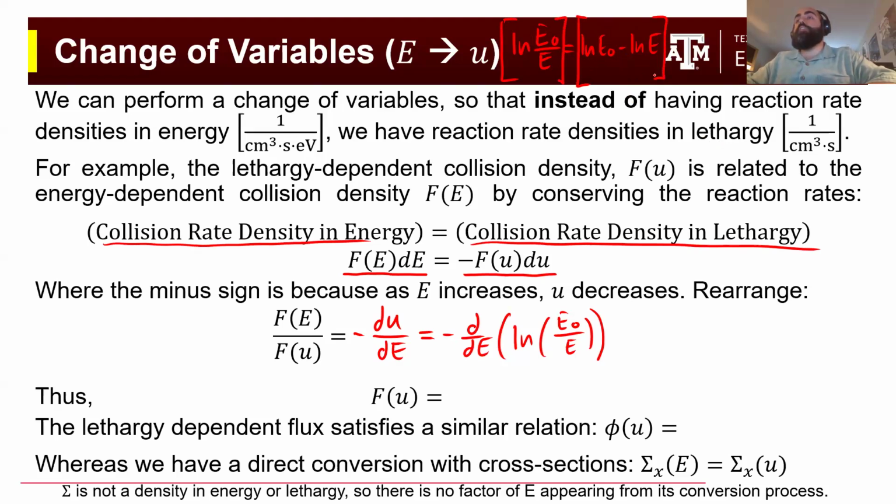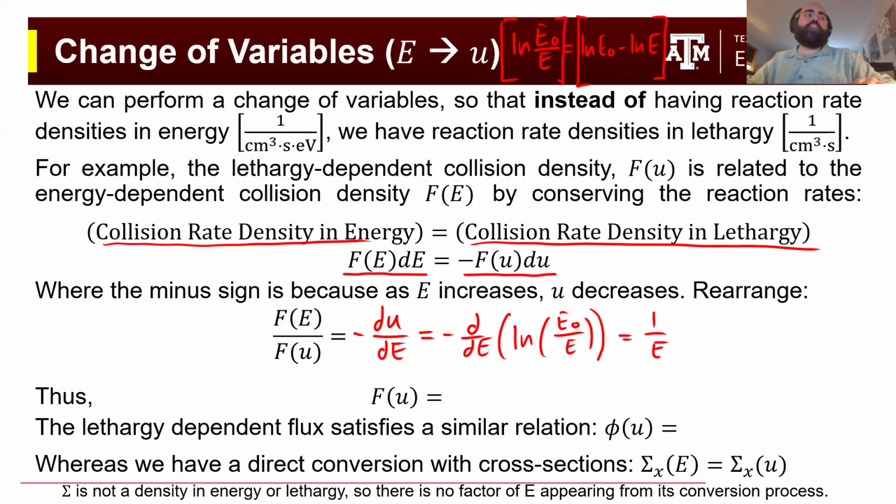Then the derivative with respect to E of negative ln of E: if we integrate 1 over E, we get a log, so if we differentiate ln of E, we get 1 over E. There's a minus sign here, but there's also a minus sign in our equation, so ultimately this is just 1 over E. Hopefully we can follow that.